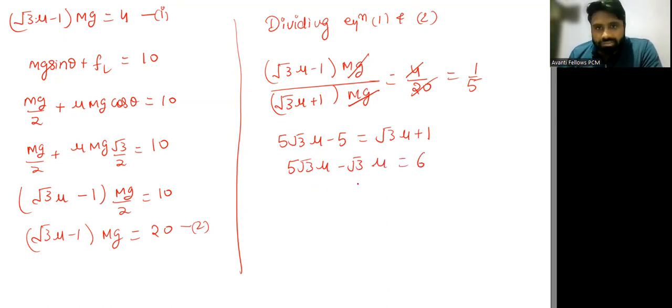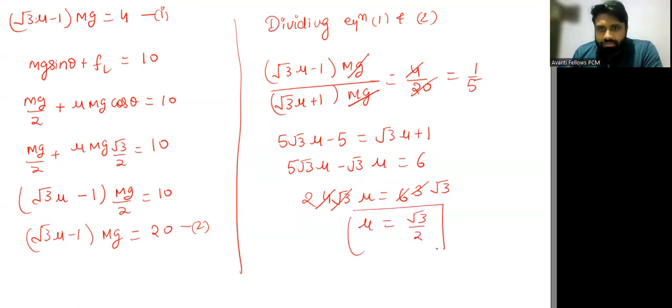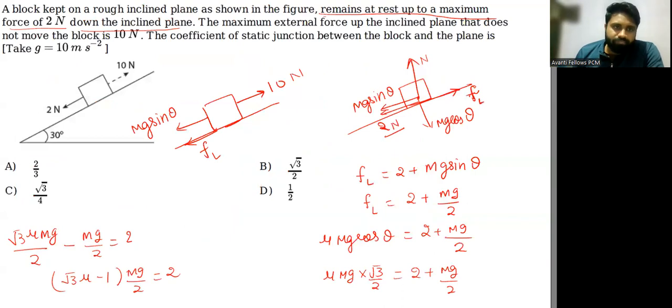That will become 4 root 3 mu is equal to 6. Now 2 twos are 4, 2 threes are 6. You will cancel this root 3 with this, so it will become root 3. So mu here is root 3 by 2. Now root 3 by 2 is the correct option.